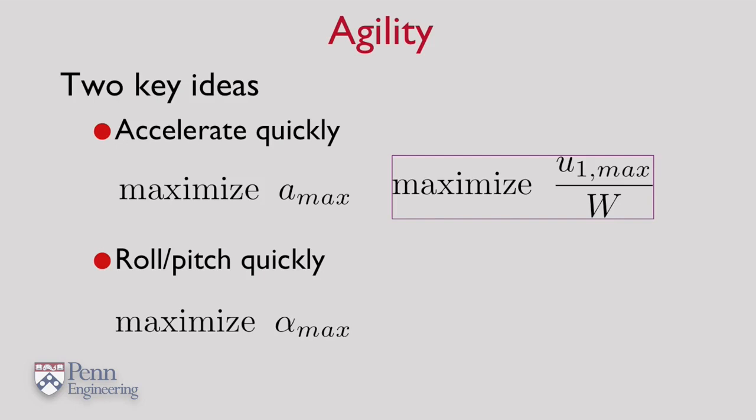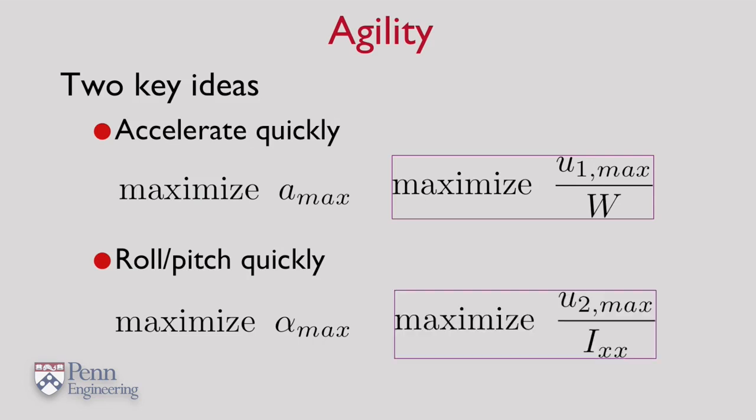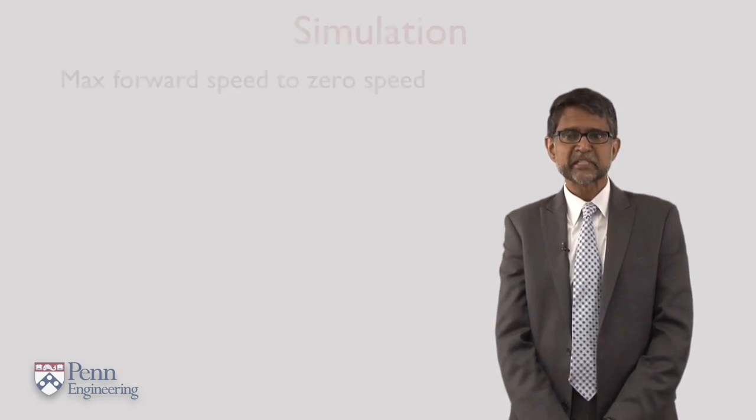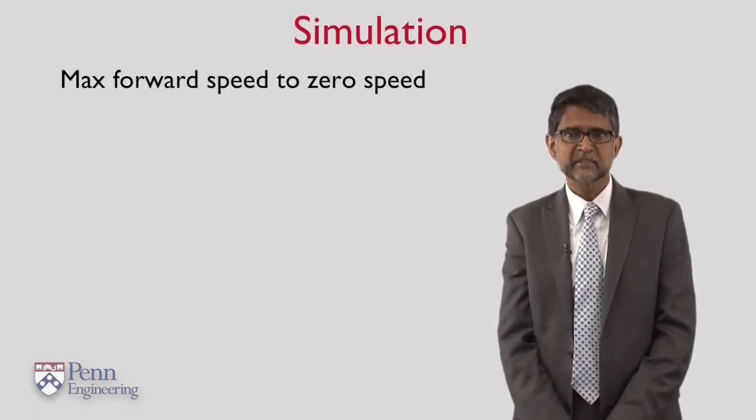If you think about the second quantity, that you can maximize by taking u2, which is the turning moment, and maximizing that divided by the moment of inertia along the x-axis. We've developed a very simple simulation that illustrates this.